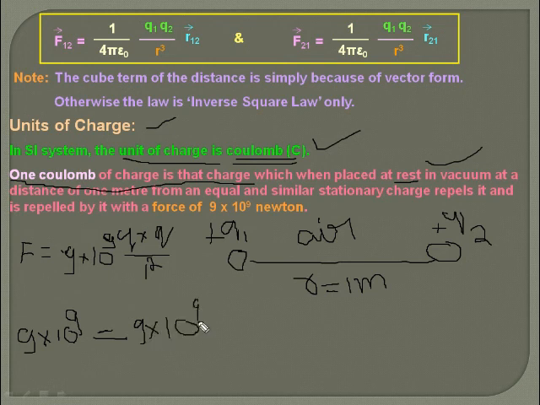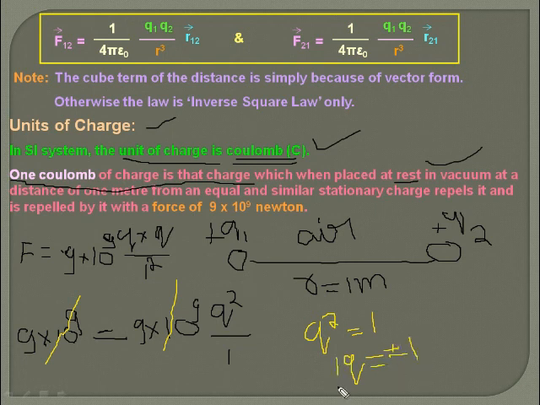This will become q square, this will become 1. So q square will be equal to 1, and when we remove the square sign, we get q equal to positive or negative 1. So this charge is said to be 1 coulomb.